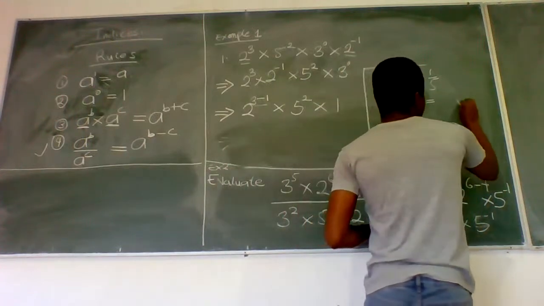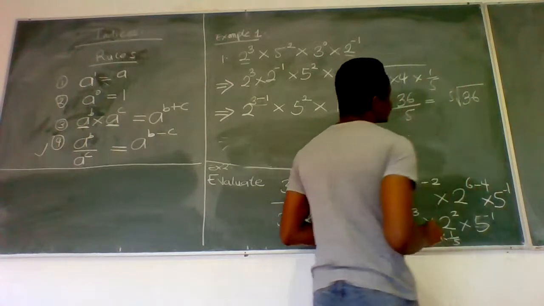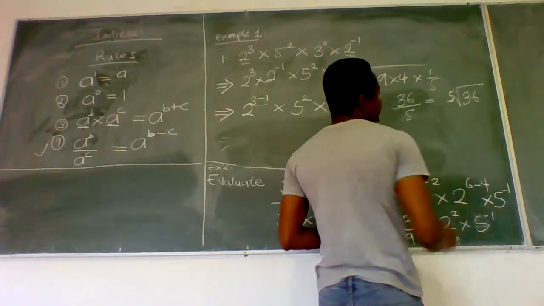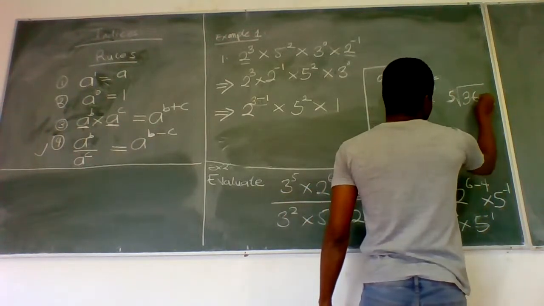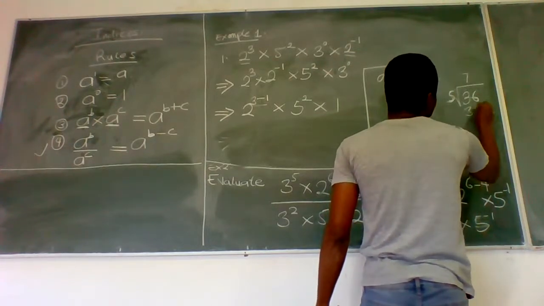So we have something like this: 36, then 5. We know that 5 goes into 36 how many times? 7. 7 times 5 is 35.